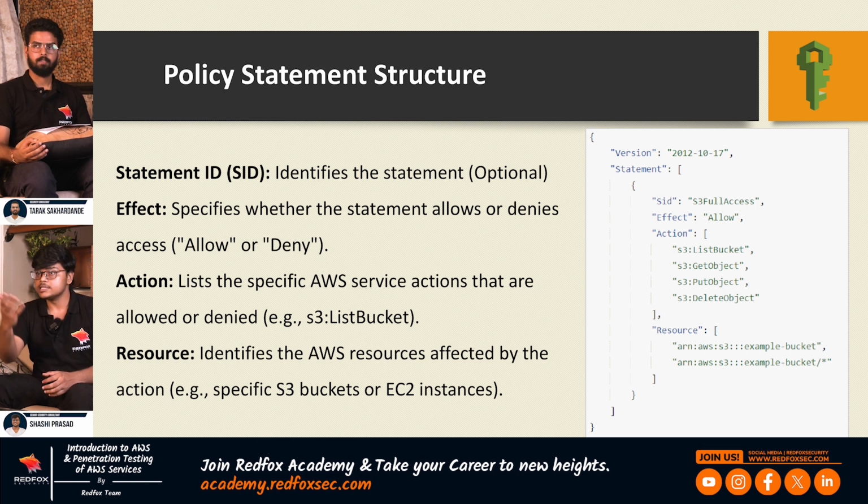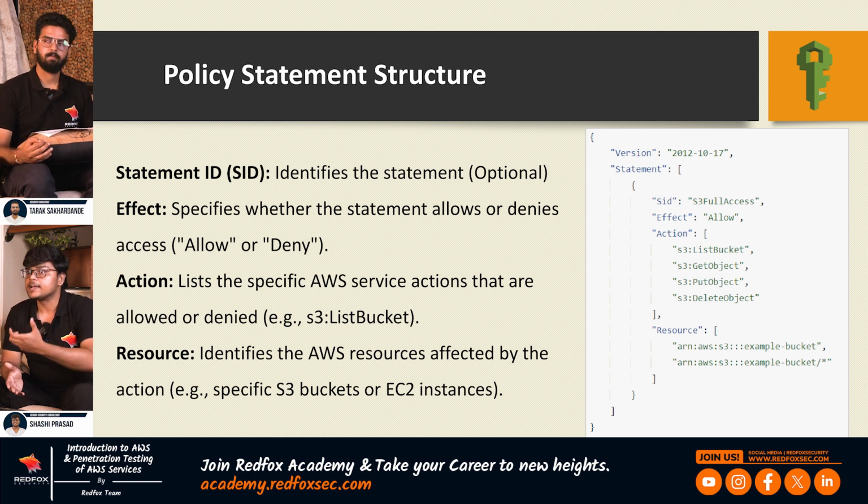In this scenario, S3 is the service name, then list bucket is the name of the action. We can give a list of actions as well. As in the example, S3 list bucket means we are allowing listing of the S3 bucket. And if we have get object, it means we are allowing the identity to get that object.